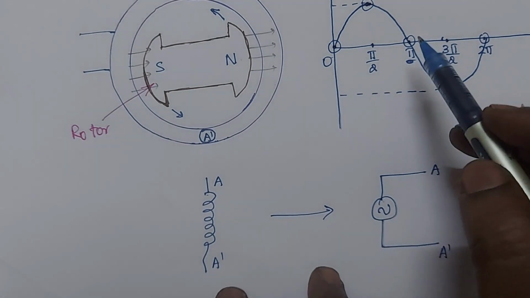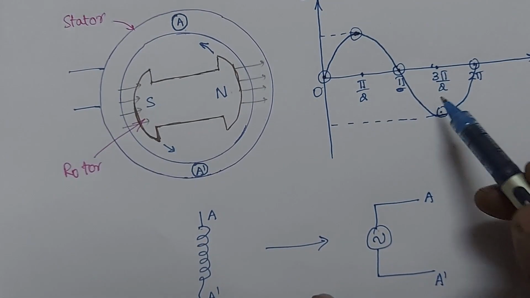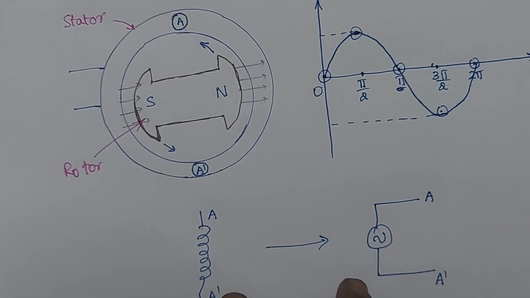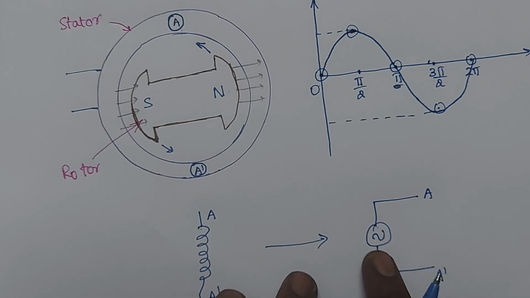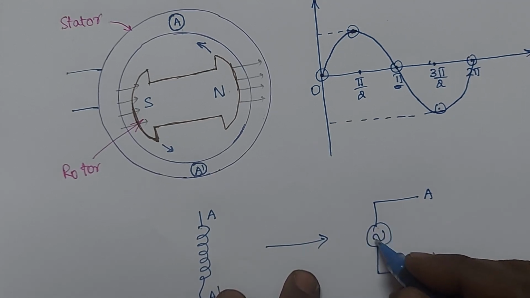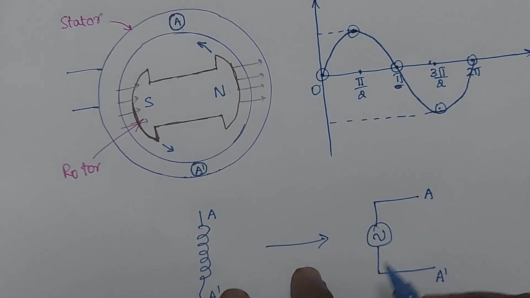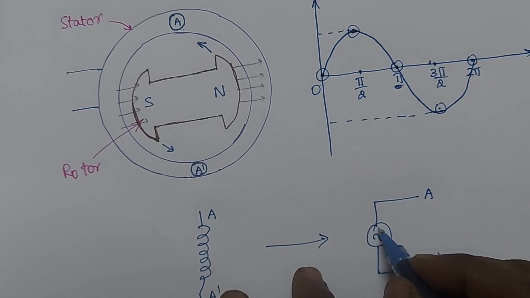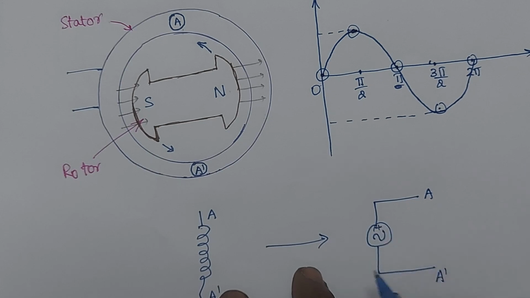Since it is producing a sinusoidal voltage, I need to represent it like this. This is a circular symbol. Inside the circle, this is a sinusoidal. For this sinusoidal, at one instant this terminal may be positive, at another instant this terminal is negative.